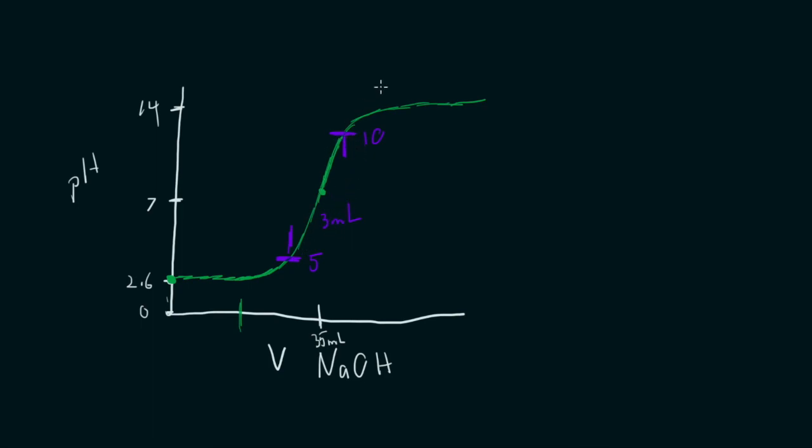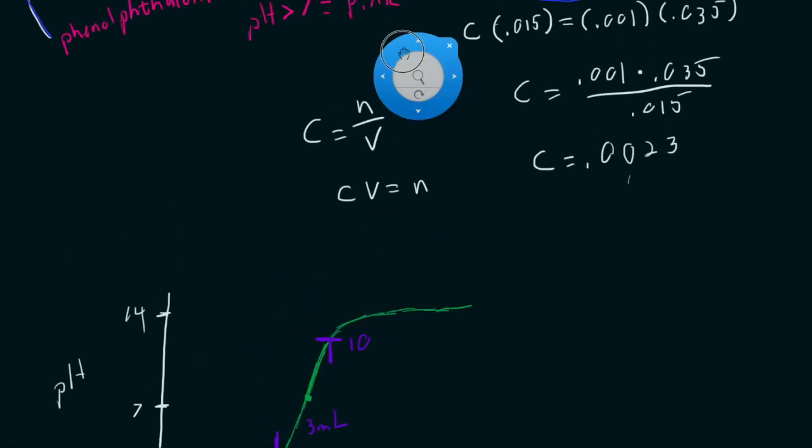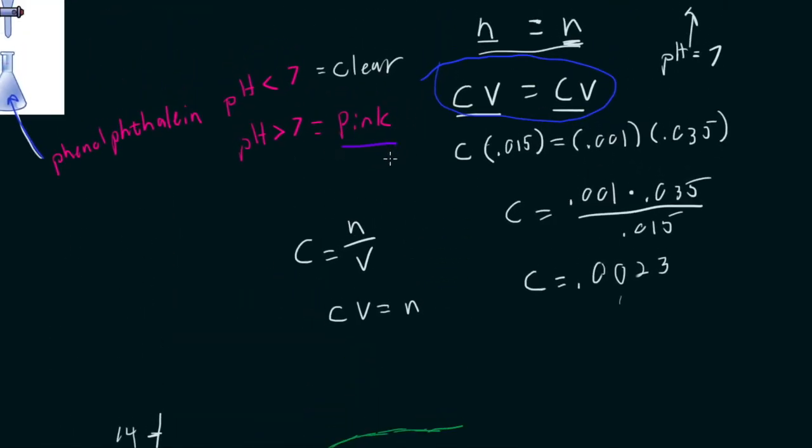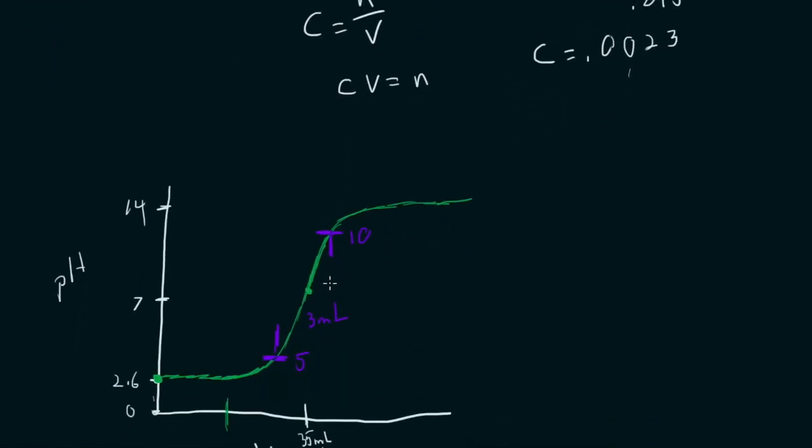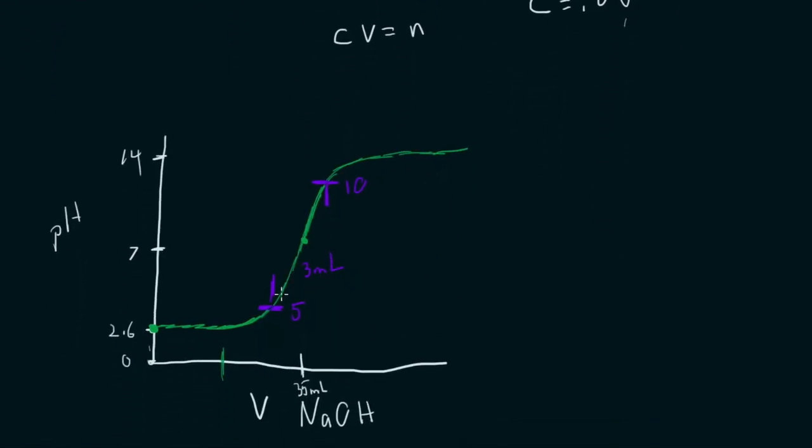And so when we talk about that midpoint, that 7 pH midpoint, where that phenolphthalein turns pink, it is going to be a very short distance for that to go. Even if it turns pink here, even if it changes color there, the amount of volume that I measure is still going to be very accurate. It's going to be very close to that exact volume that it would take to fully neutralize that pH.